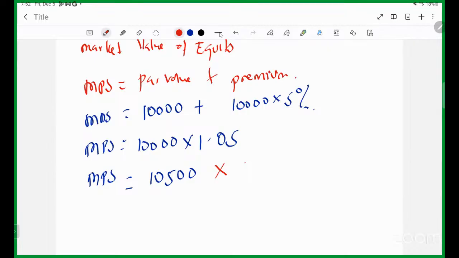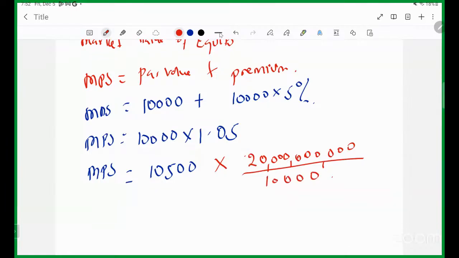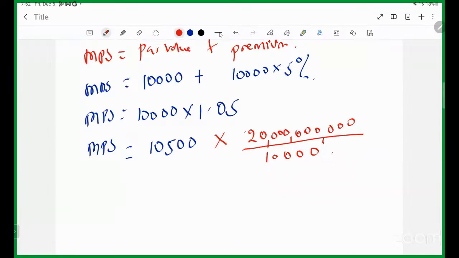The ordinary share capital is 20 million. You can divide this by the par value, which is 10,000, to get the number of shares: 2 million shares. So you have 2 million shares times 10,500.